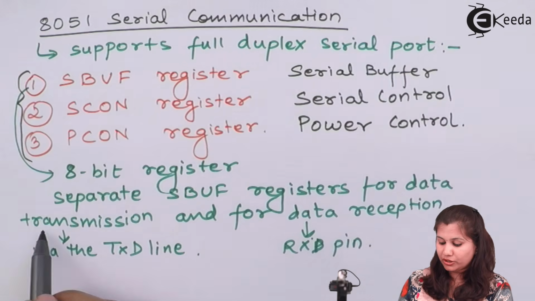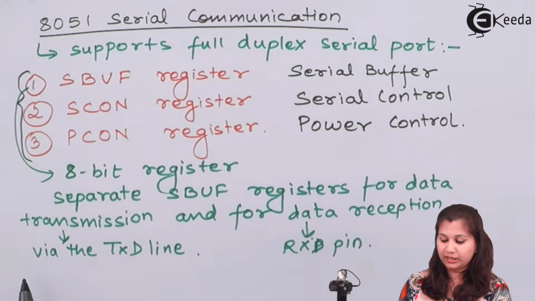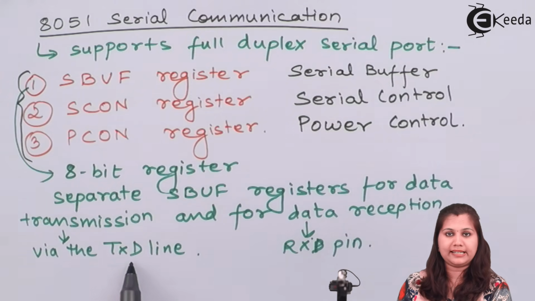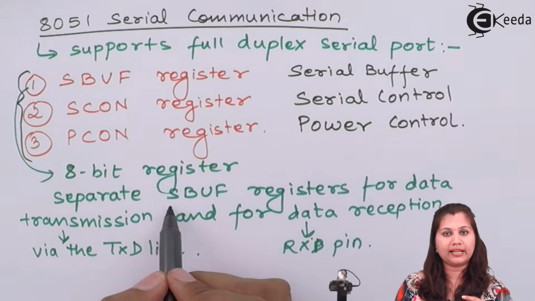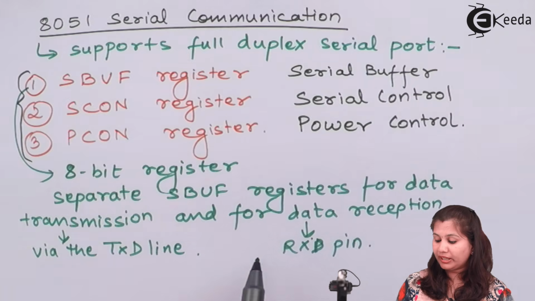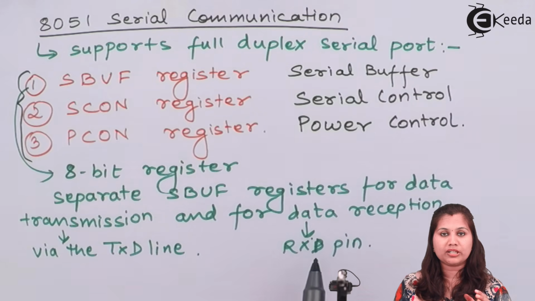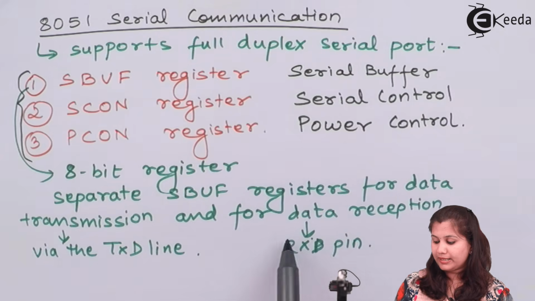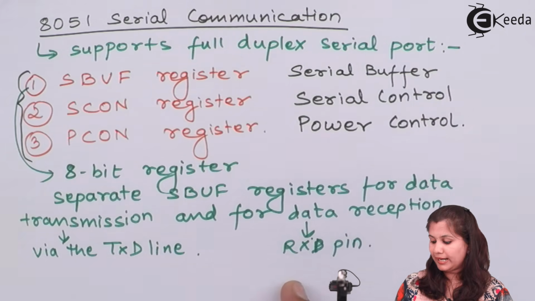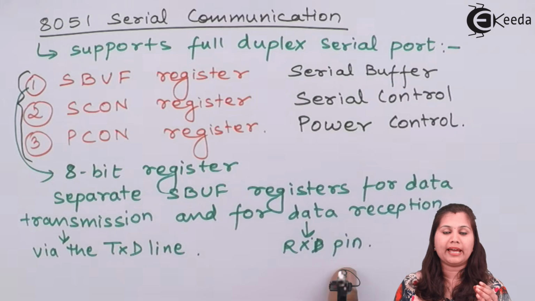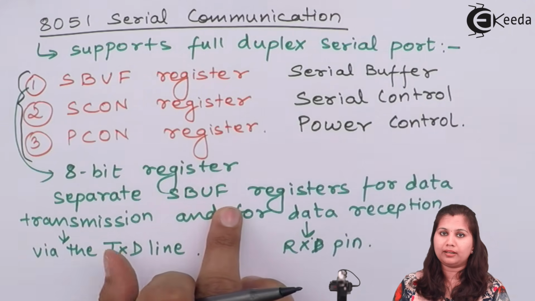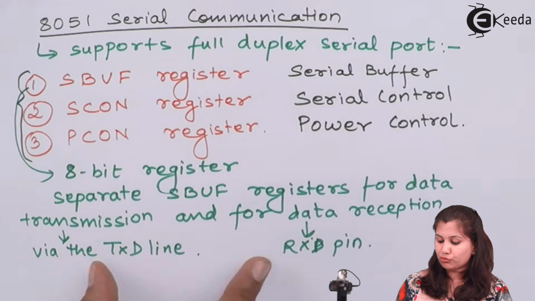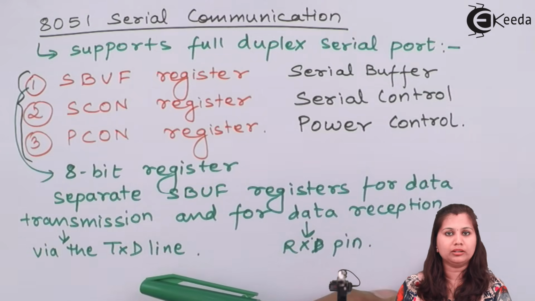For data transmission, the data which is going to be transmitted will be transmitted via the TXD line. Before the transmission it will be first stored in the SBUF register. When data is received, it will be received through the RxD pin of the microcontroller, and then it will be stored in the SBUF receiver register. Then it will be read by the microcontroller. So it is used for both transmission and reception.